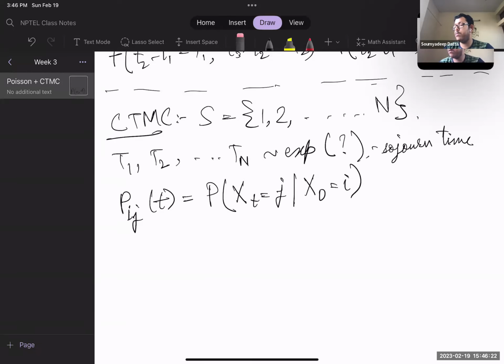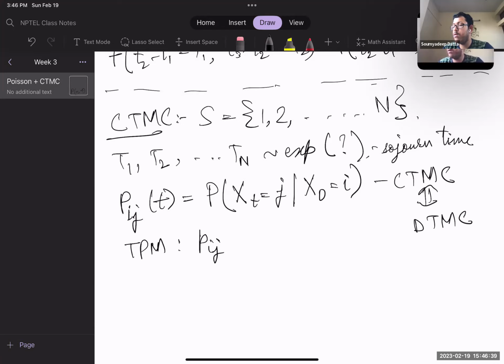This is pertaining to the continuous time Markov chain, but every continuous time Markov chain has a corresponding discrete time Markov chain, where we have a transition probability matrix denoted as small pij. This is the probability that the next state X(n+1) will be j given Xn equals i. That is the probability that you will go from state i to state j in the next transition. That is how discrete time Markov chains are written.